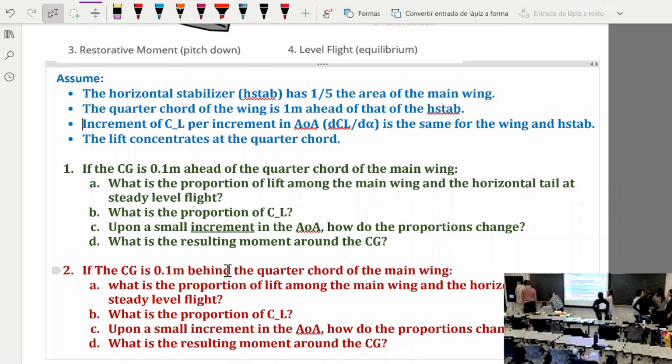Okay, so that's the question on the ratio of CL. How does that tell you about the ratio of lift? Well, the difference would be the S, the reference area. So does it also get closer to 0 or not?